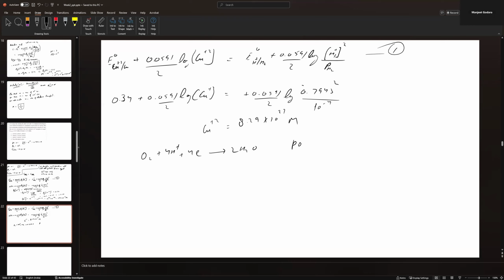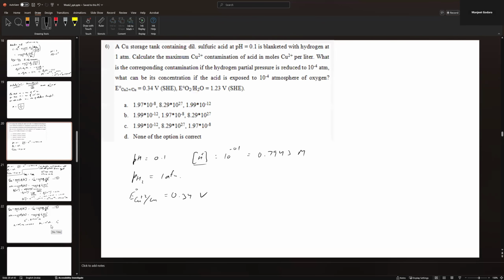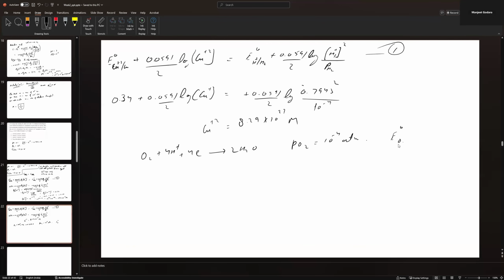Here we are given the partial pressure of O2 is equal to 10 to the power minus 4 atm, and E naught for O2 is equal to 1.23 volt.